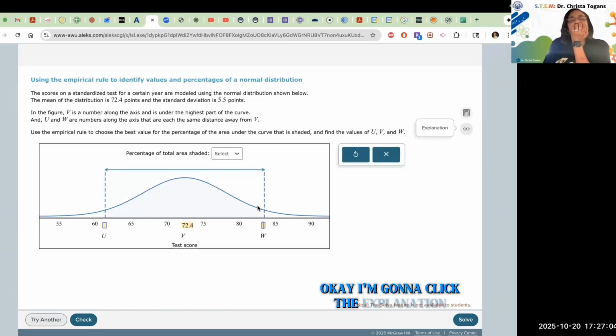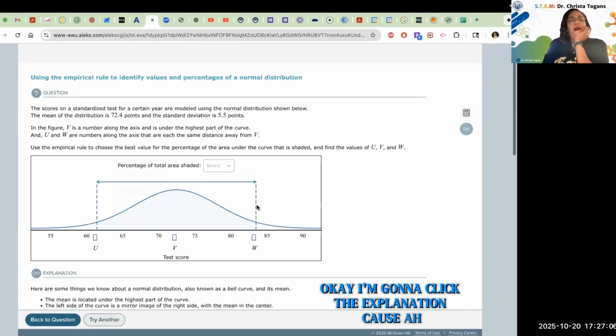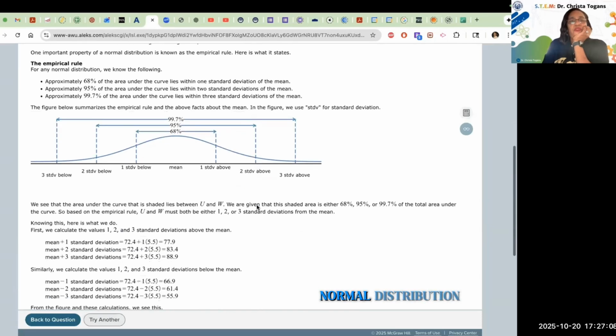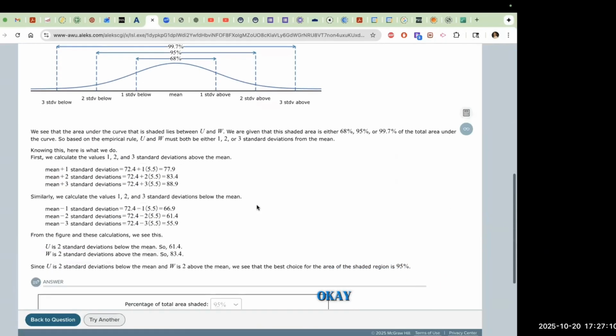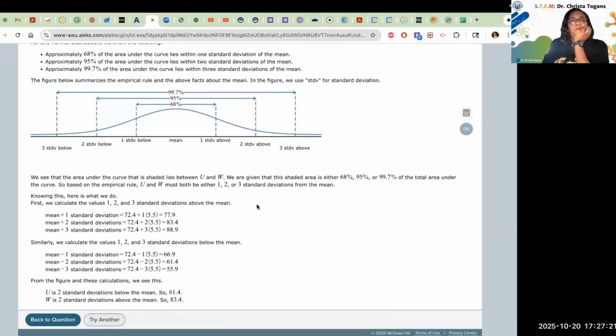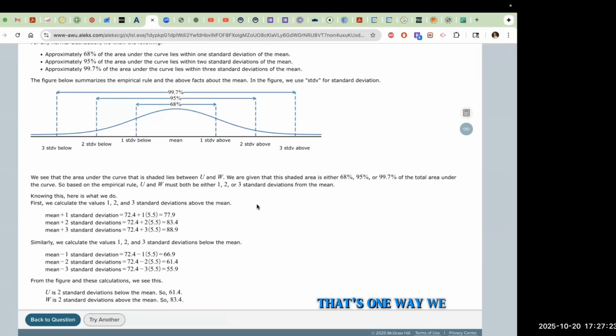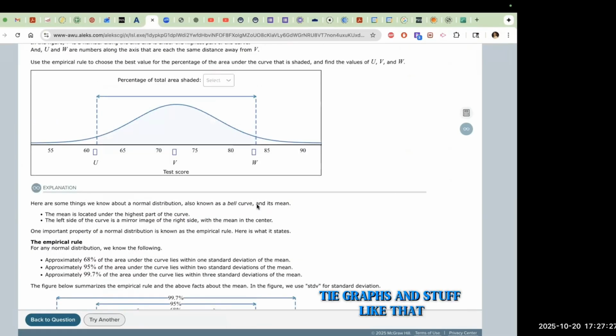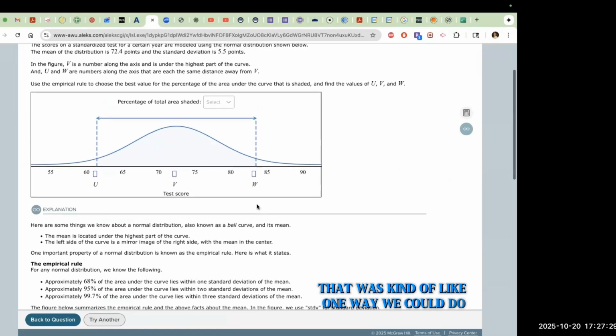Okay, I'm going to click the explanation, because normal distribution and so on. On there it would be the two, so you would have to add two. You see where the means and the standard deviation are. When we did tie graphs in the Navy, that was one way we could do that too.